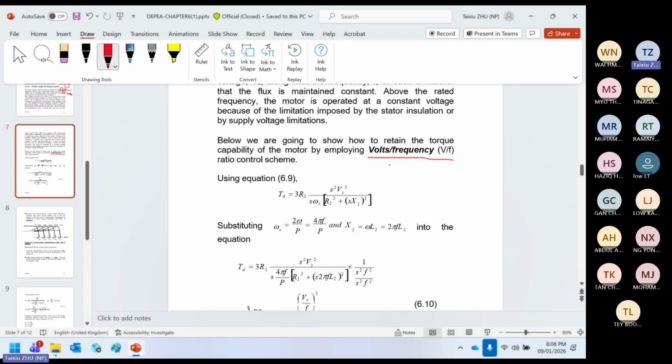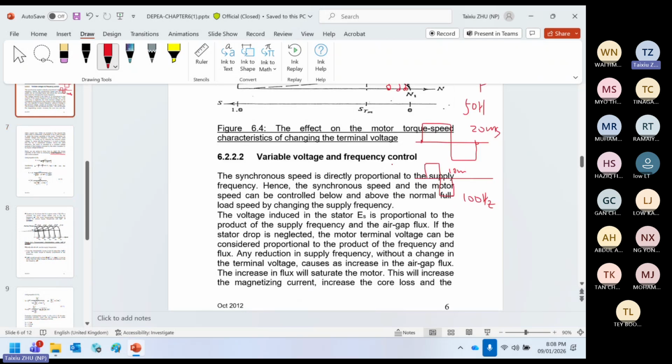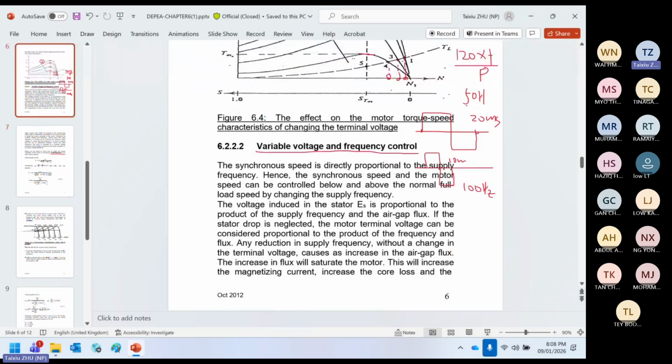So that's why we call this variable voltage, variable frequency control. That means when I change the frequency, I also make the voltage a little bit higher. So that's the meaning. For example here, when I do this, I make the voltage higher. That means it's variable frequency, variable voltage.